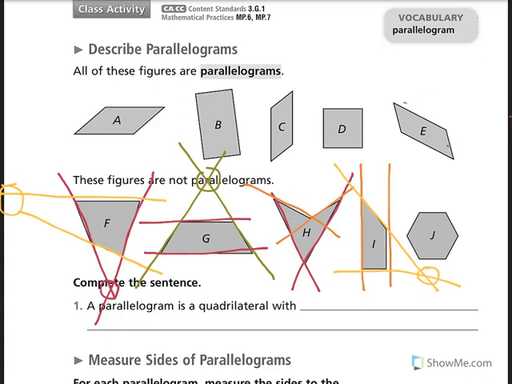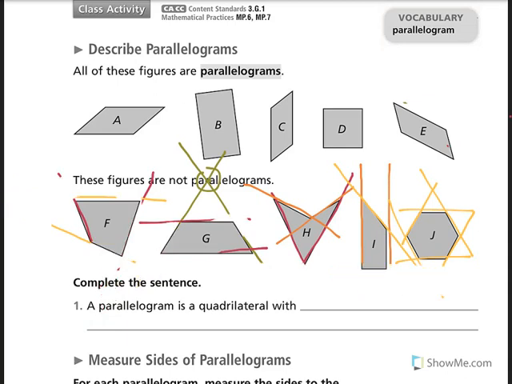What's that called again? It's a trapezoid. Good job. And then this one, it's got lots of sets of parallel lines, but the problem is it's not a quadrilateral, so it's not a parallelogram. Okay, so let's clean that up a little bit.